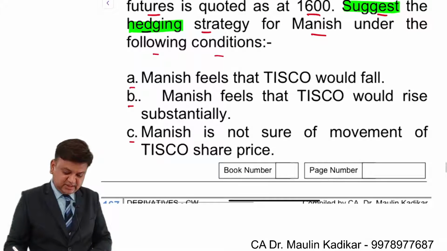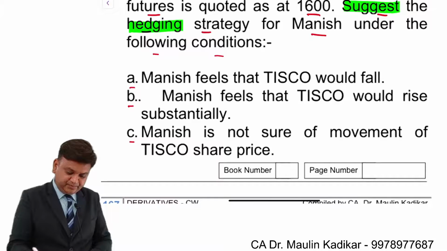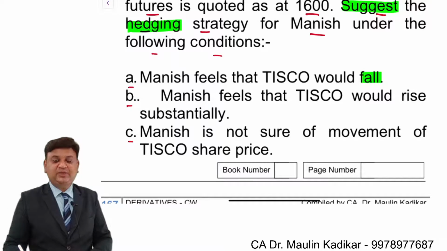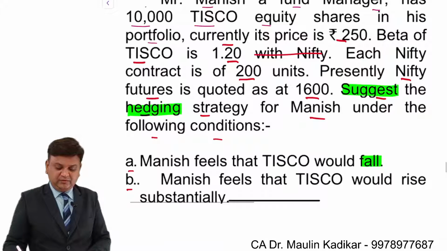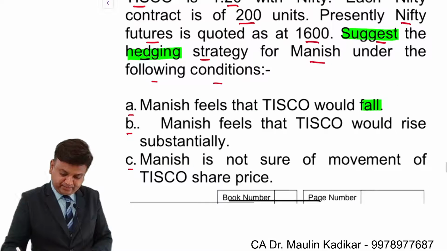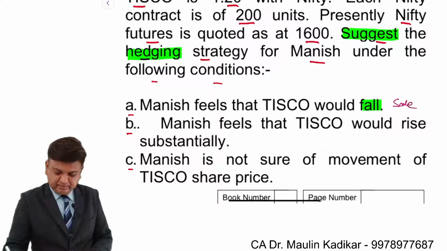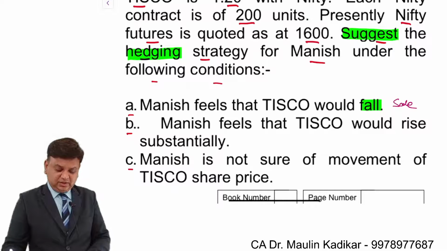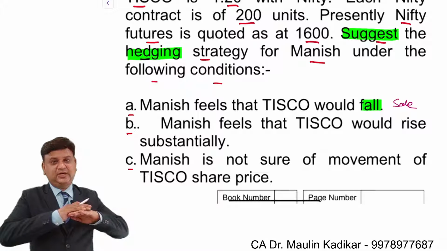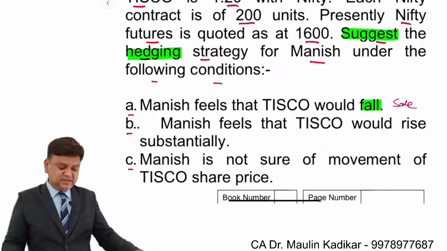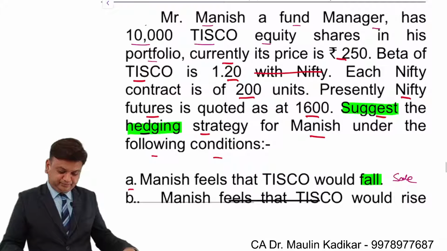In the first part, it is provided that he is expecting the market to fall. So we'll compute the number of contracts to be sold. In absence of information, assuming that the trader wants to completely nullify the risk, we will suggest the number of contracts to be sold.